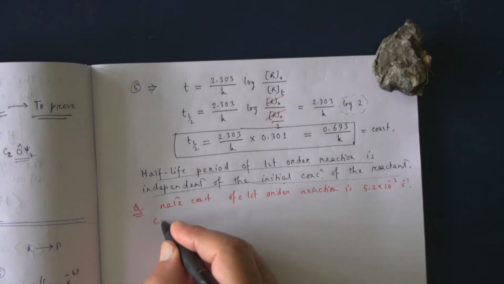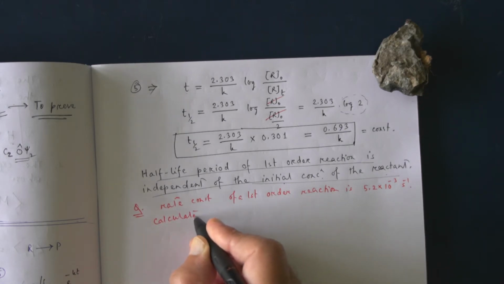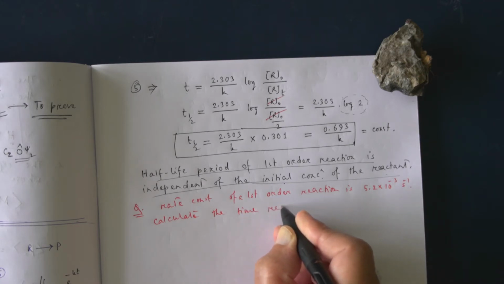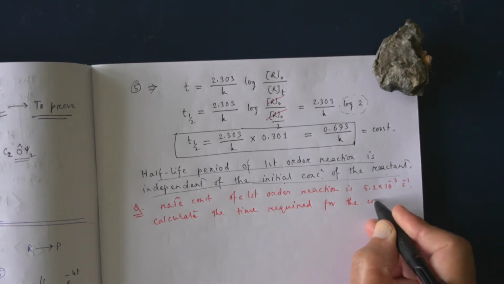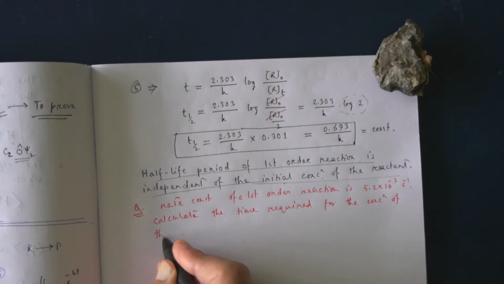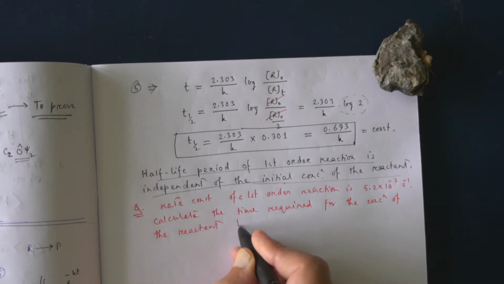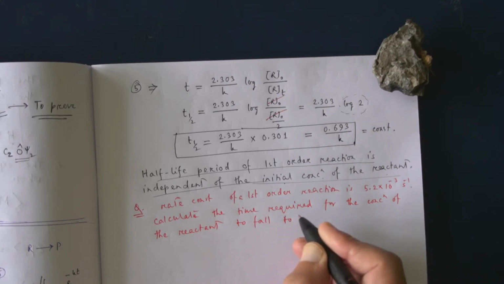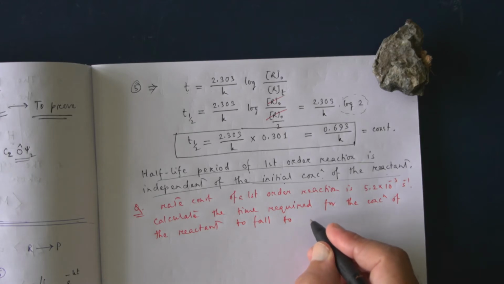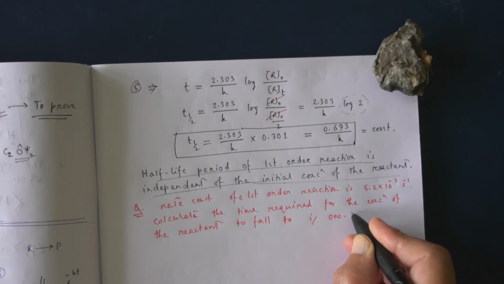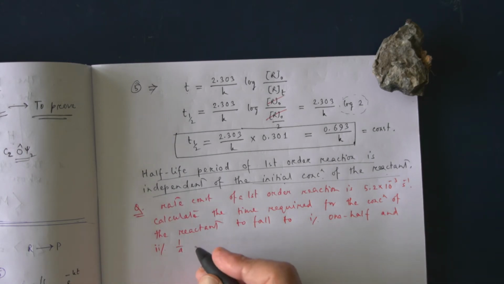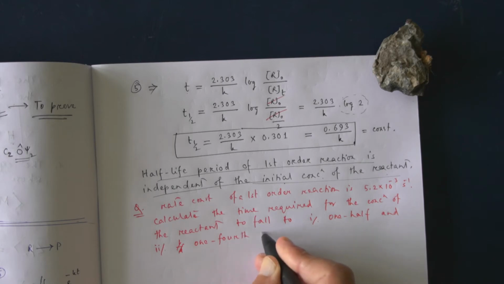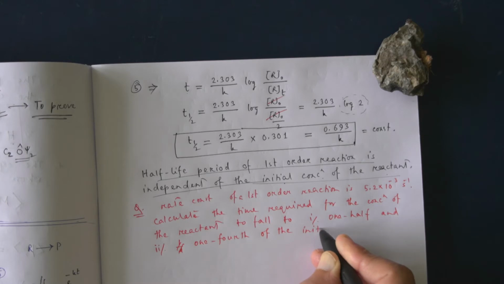Calculate the time required for the concentration of the reactant to fall to 1/2 and 1/4 of the initial concentration.